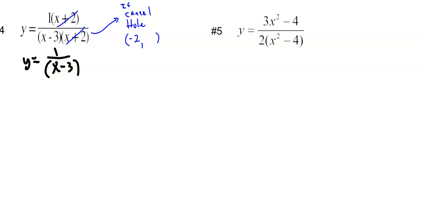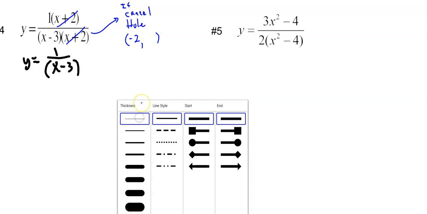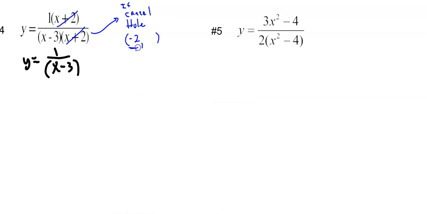And so to find the y value of the hole, you're actually going to plug in -2 for x. That's your x. So plug in -2 right there. So 1 over -2 minus 3 is -1/5. So -1/5 is my y value there, and I found the value of that hole. So let's sketch this out.